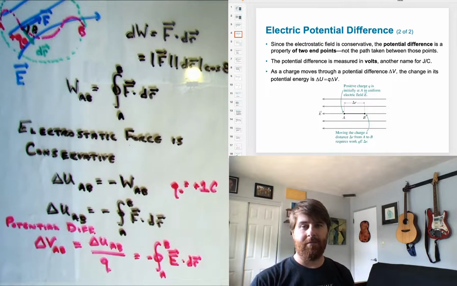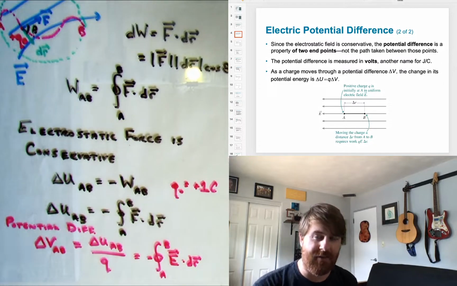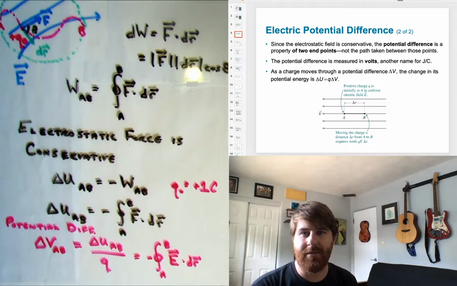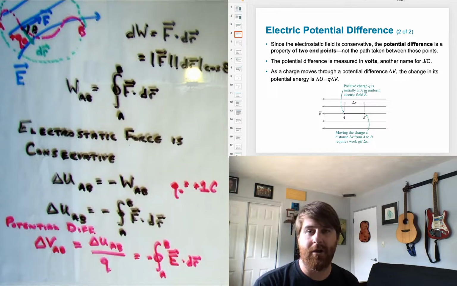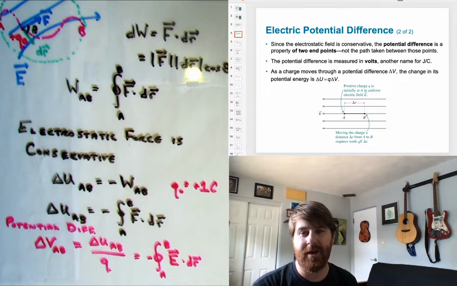Okay? But what if I had a negative charge instead? If I took a negative charge and I moved it from point A to point B, the negative charge already wants to move in the direction opposite of the electric field. That is the direction of the force.